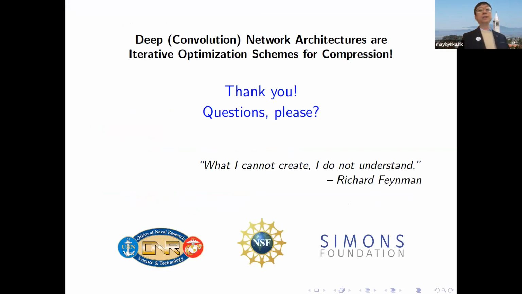So anyway, this is just to summarize. If you forgot or don't understand anything, remember this sentence: deep networks and convolutional neural network architectures are just iterative optimization schemes for compression, to optimize information gain, to compress data.